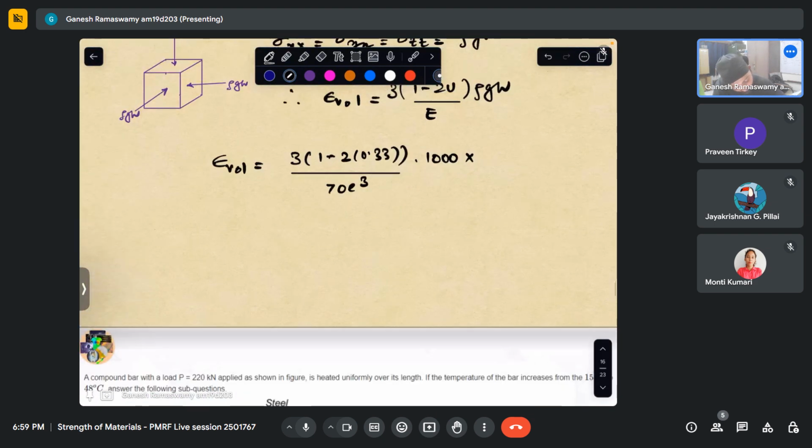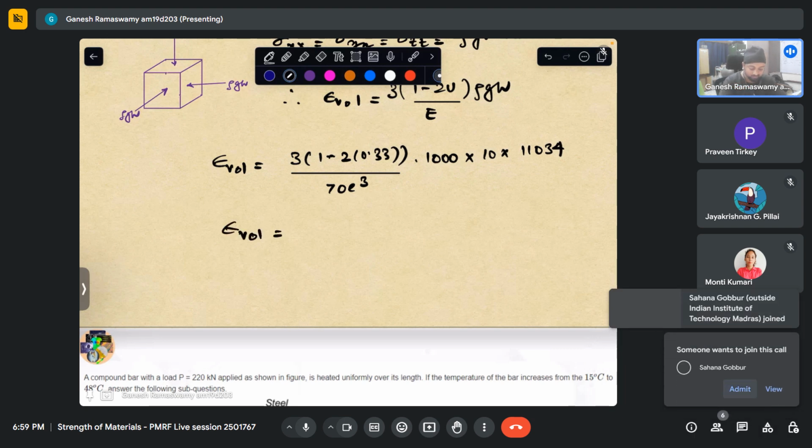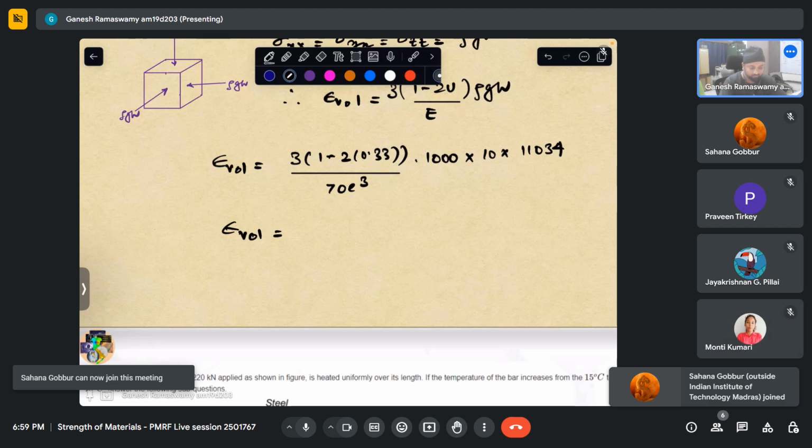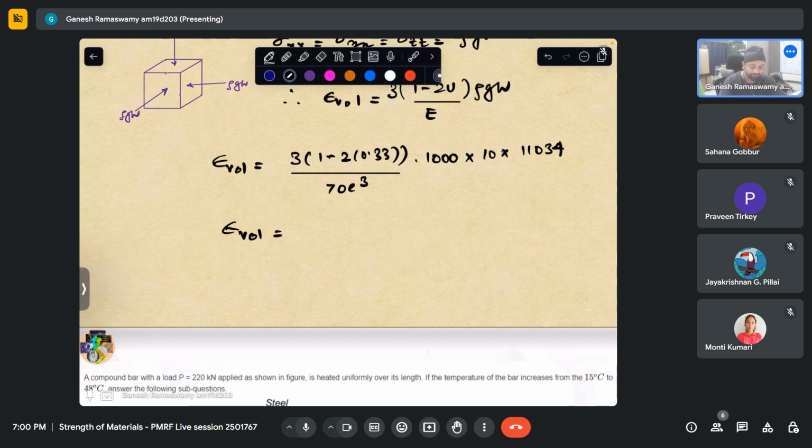So this comes to 3 by 73 into (1 minus 2 into 0.33). So this comes to 1607.